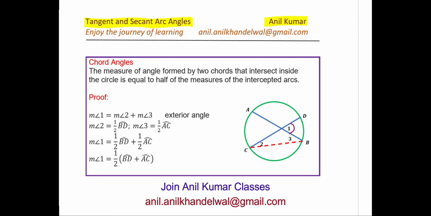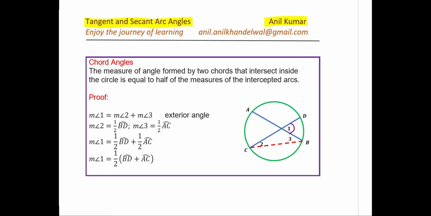The formula is that this angle is the average of the angles subtended on the two sides. So the measurement of angle 1 is equal to the average value of the measurement of these two arcs, which are arc AC and the measurement of the arc BD.